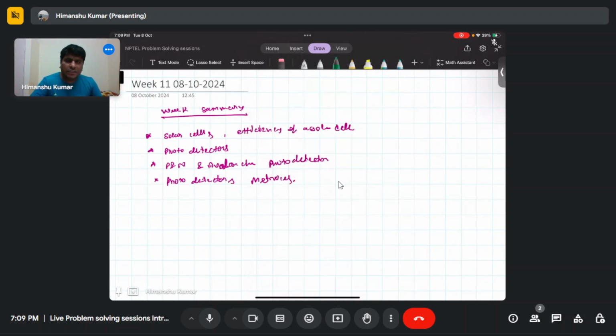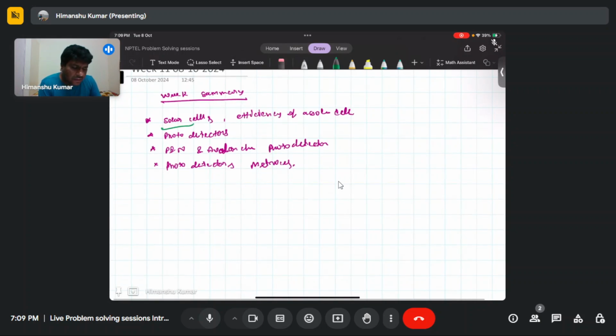Okay, so let's get started. The basic concept is the solar cell. Solar cells were initially invented for space applications, especially on satellites. A satellite is an electronic device, and to power it you need some kind of energy generator.